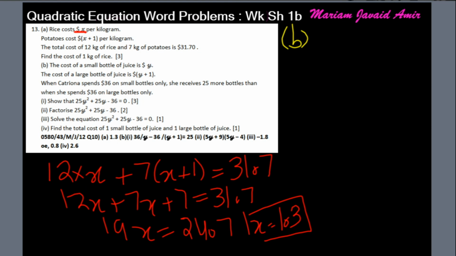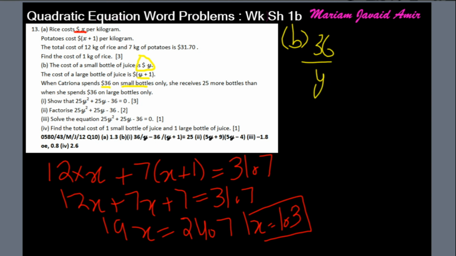Part B is the cost of a small bottle of juice is $y. The cost of the large bottle of juice is y plus 1. When Catriona spends $36 on small bottles, that means she can buy 36 over y number of bottles.